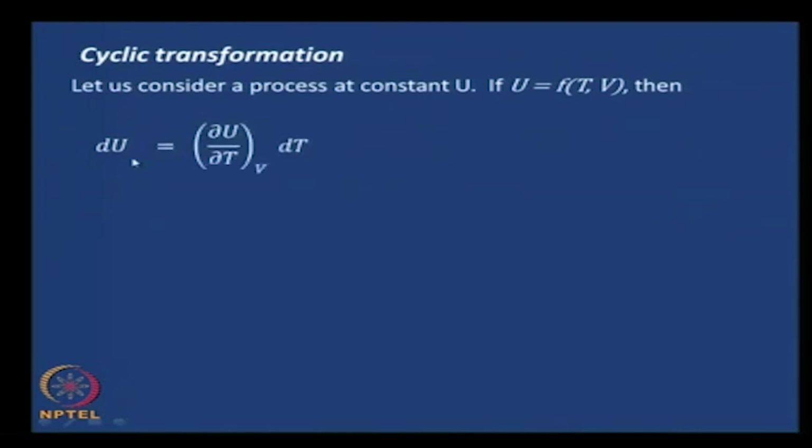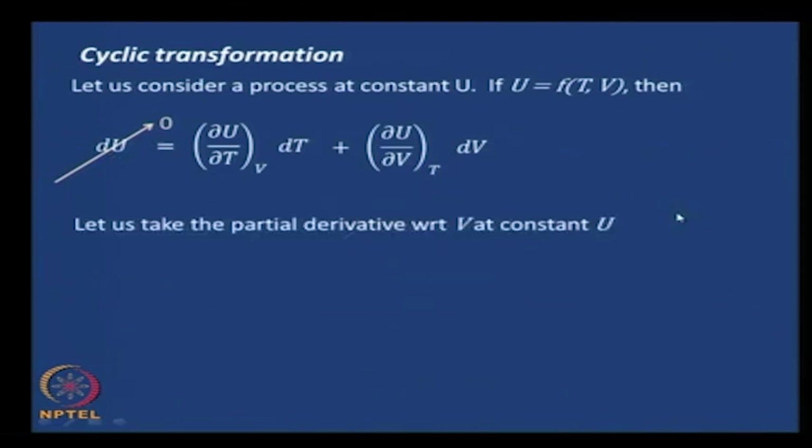The total differential du is dou u dou t at constant v dt plus dou u dou v at constant t dv. Now, note that this is a process at constant u, and therefore the total differential is going to go to 0. Let us just consider that for the time being for our manipulations.